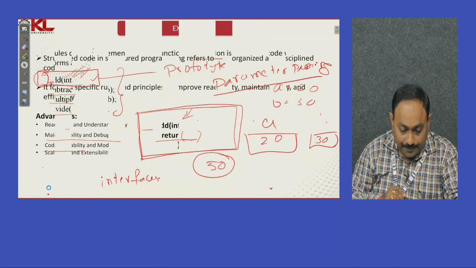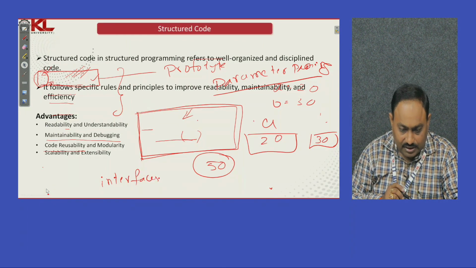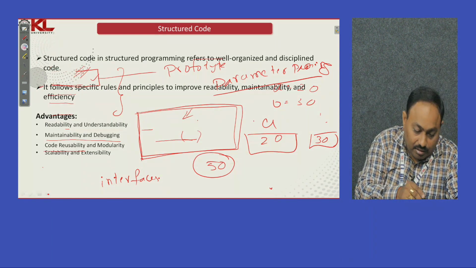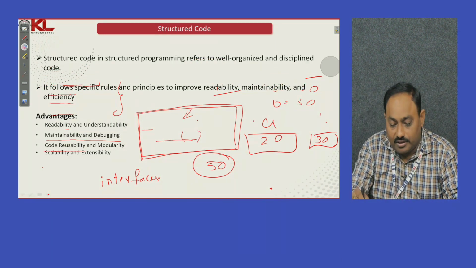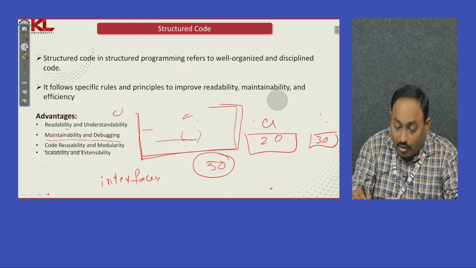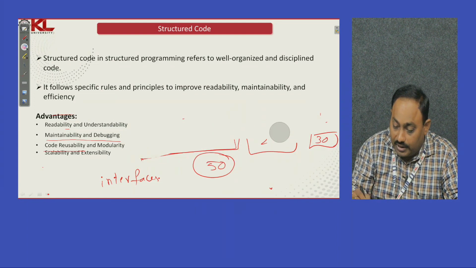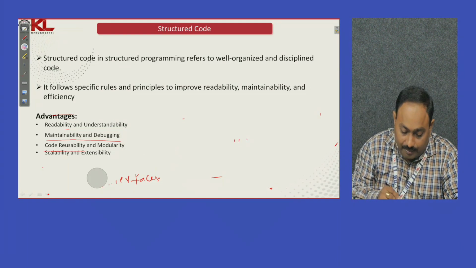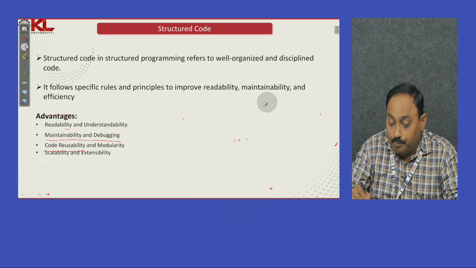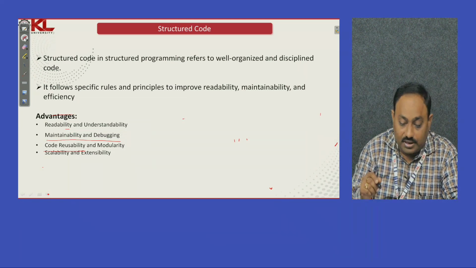Next we will see what the advantages of structured code are, and what structured code is. This is the third important feature of structured programming. Structured code is nothing but well organized code, and to write code in a structured and well organized manner we use important features like control structures.